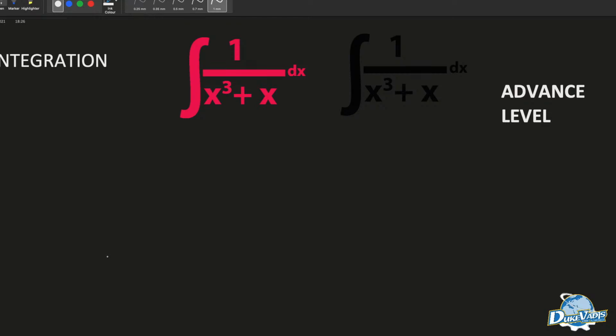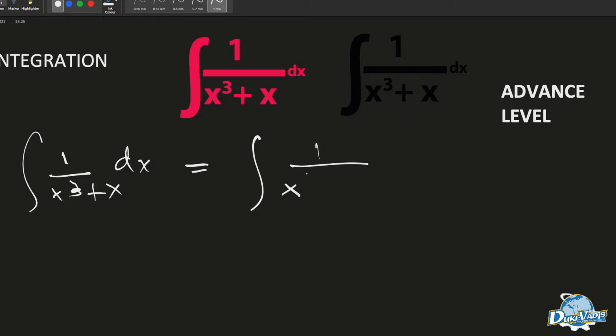We can say that the integral of 1 over x cubed plus x dx can also be written as 1 over x cubed into bracket 1 plus x negative 2 all into bracket dx.